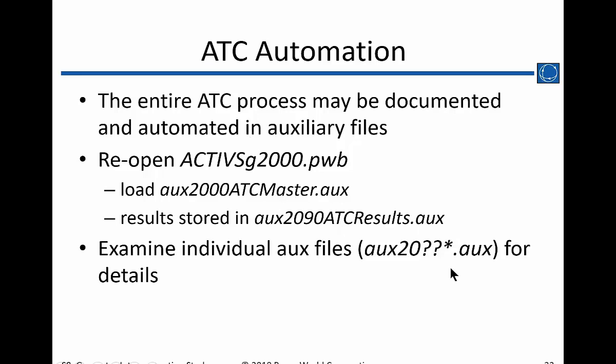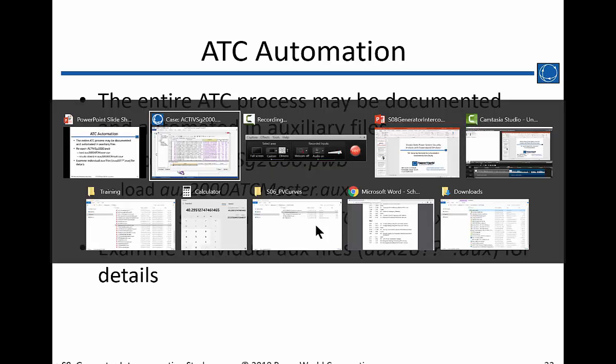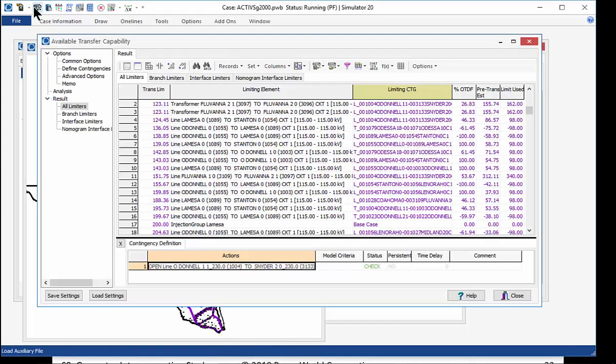I won't bother running it, but we can look and see what's in there. Just kind of gives you some ideas if you want to be able to replicate a similar process and do it on multiple cases. Maybe you've got a spring case and a summer case, and a light load case, and you want to just run the same type of analysis on each of those and do it the same way each time. One way you could do that is through scripting or auxiliary files.